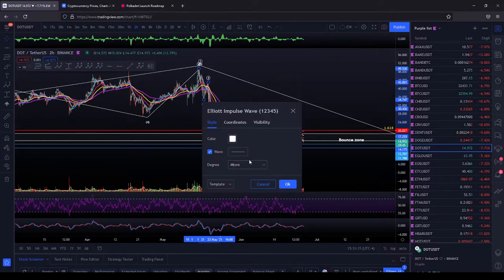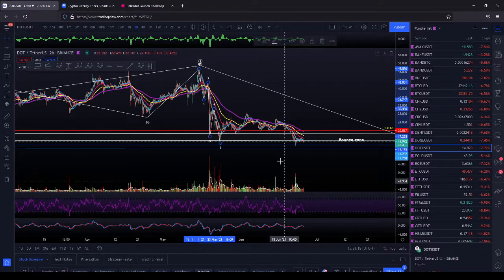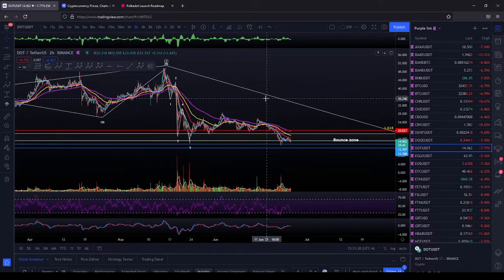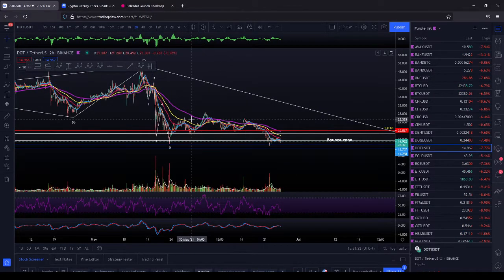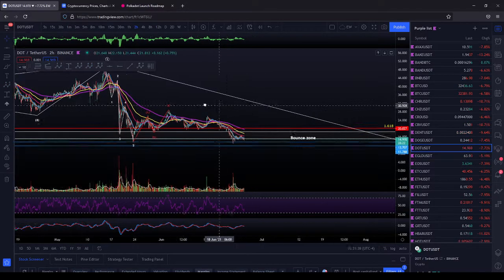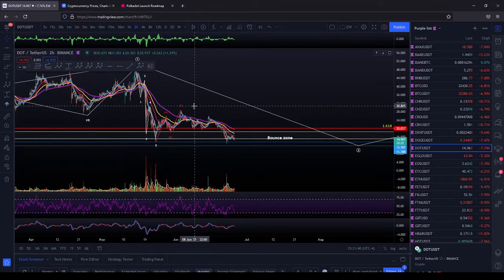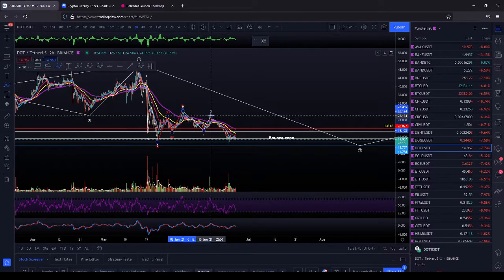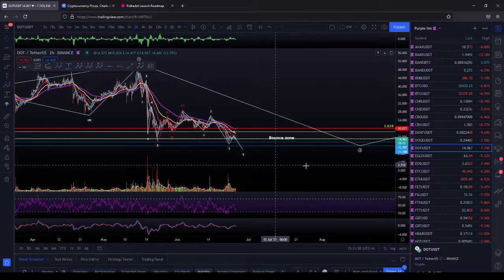Let's downgrade these waves right there. Got an ABC here. And it's not pretty, but this is a 1, 2, 3, ABC, 4, and 5.